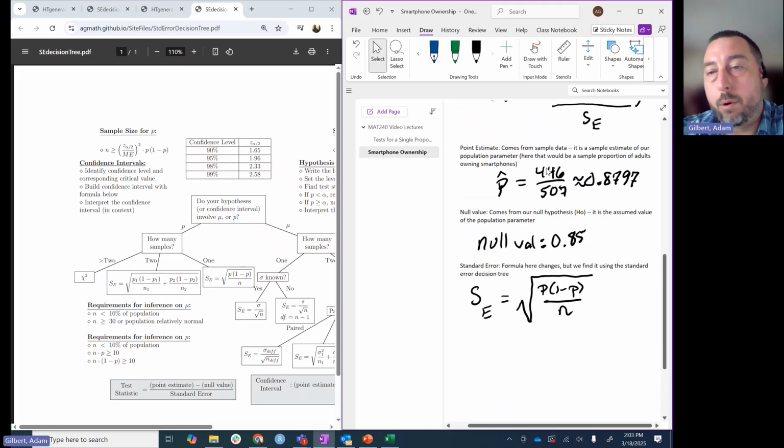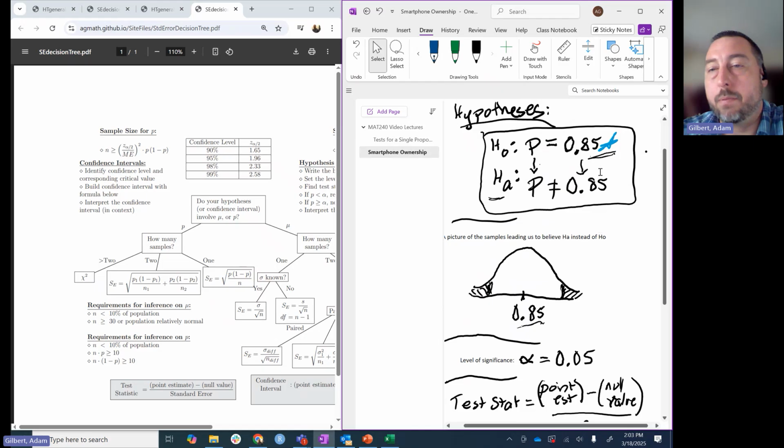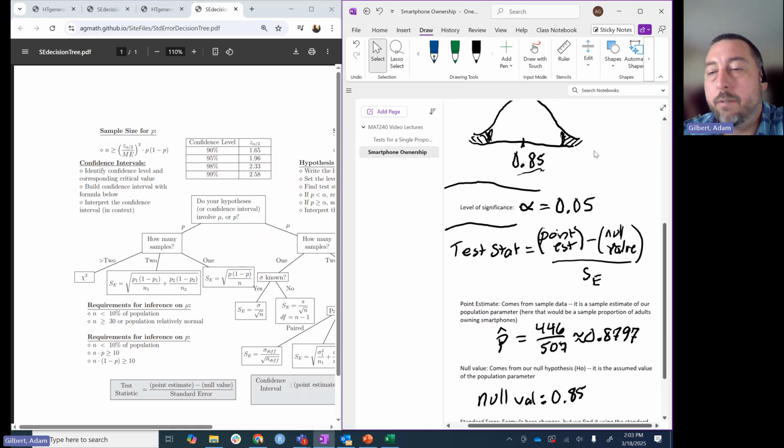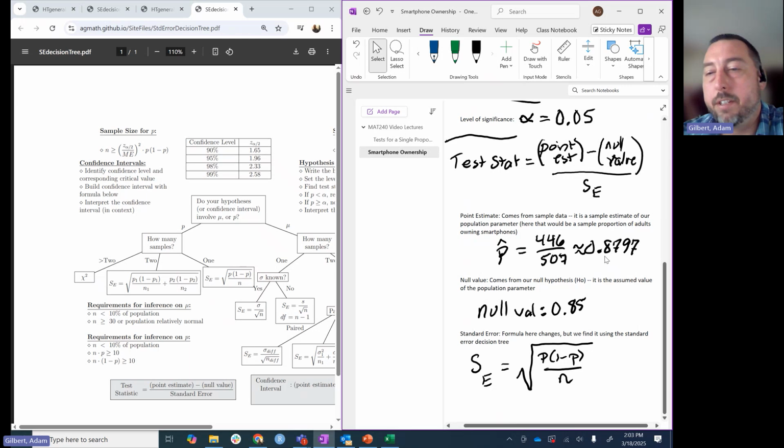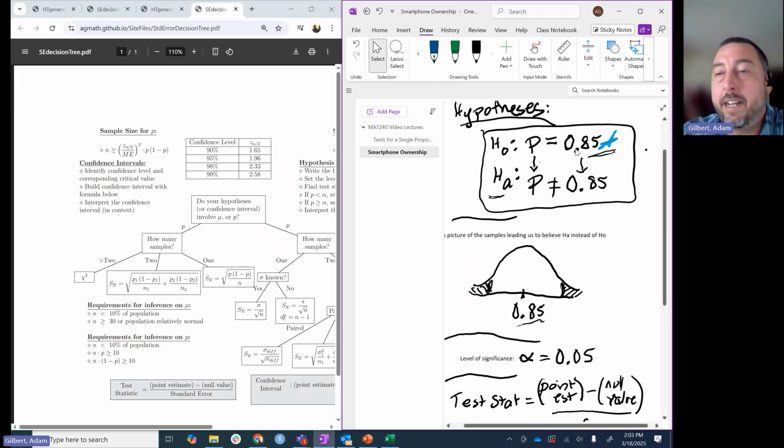We have two proportions floating around here. We have the assumed population proportion, that 85%, and we have the one that we've estimated using our sample data. Our best guess at the true population proportion, because we're assuming the 85% here is right, is the 85%.